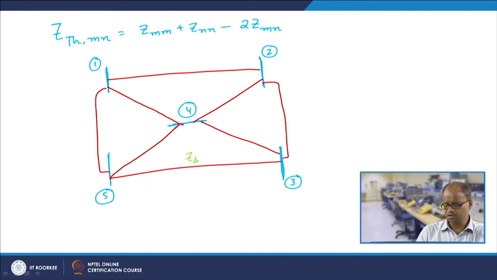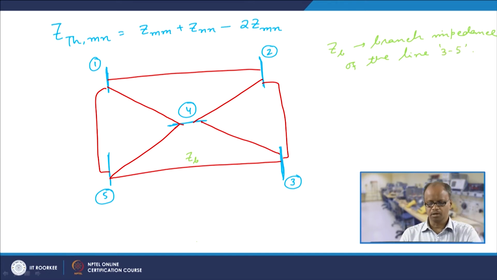So, ZB, let us say, is the branch impedance of the line 3 5.